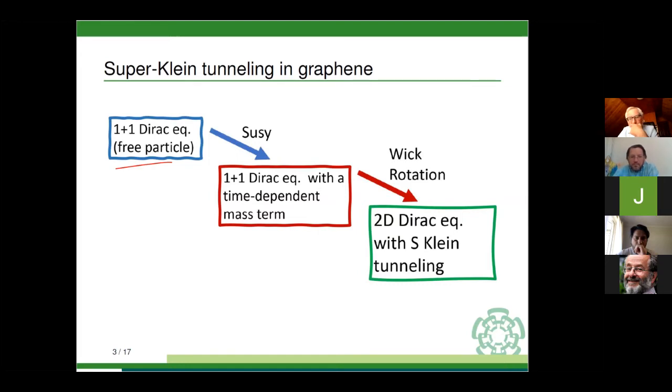Well, it is a time-dependent and spatial-dependent mass term. Later, I will perform a big rotation to obtain the system that I am looking for. I'm going to explain each transformation, and then I will give you one of the examples.